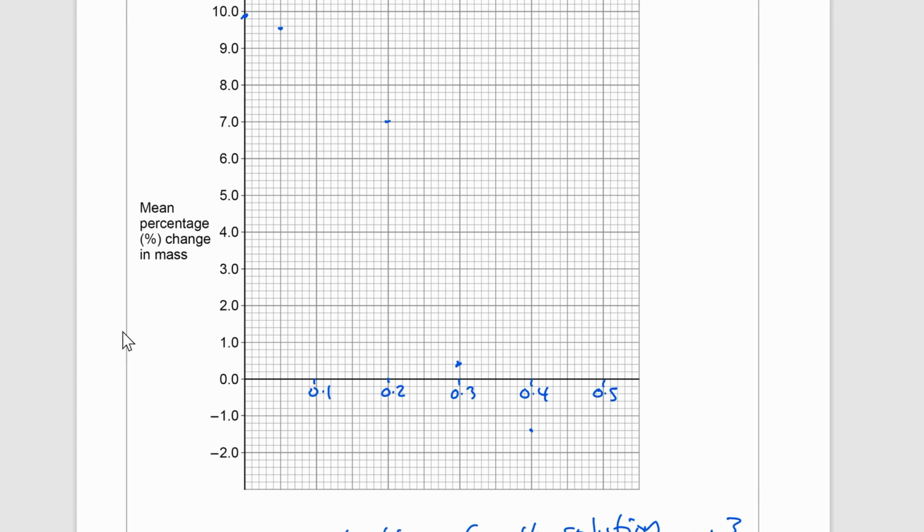So we should not be trying to do a straight line of best fit, because it will not go through any of the points if we do that. We should be looking at the pattern that the points are and then creating a line which fits that. Our line should also be smooth. We should not be using a ruler. So as smooth as possible, take a pencil and make sure you do your smooth curve through the points.